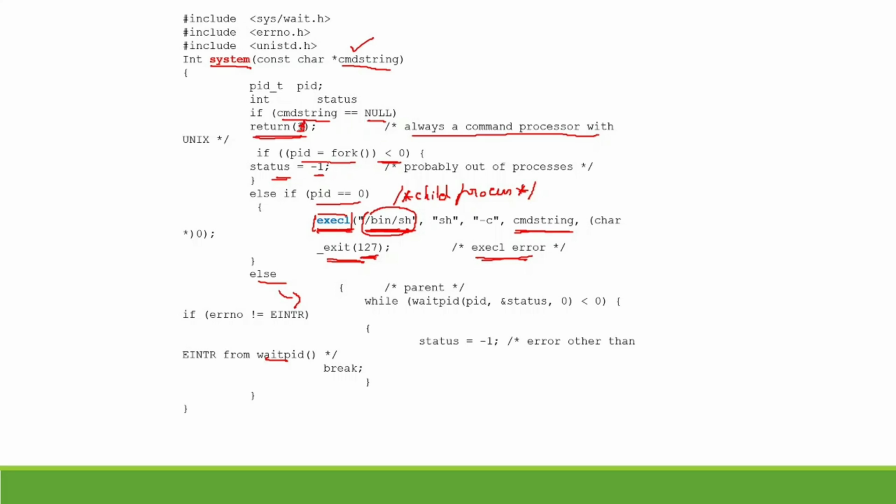Then we fork a child, and if the child is successful, we call the exec function and specify the path of the shell. So we override this child process with the image of the shell process. And what is passed as an argument to this shell? All the commands that we wanted to be executed by system are passed as an argument to exec. So this is the demonstration of this program.